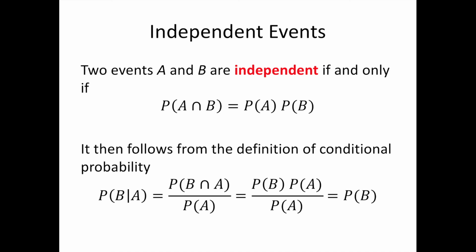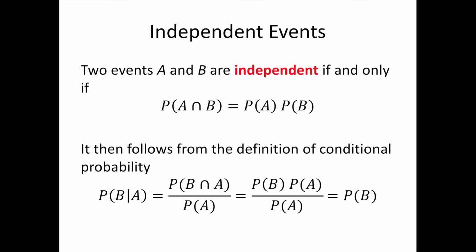A much more useful version, which is what I used in the previous slide, is at the bottom here. It follows from the definition of conditional probability that if they are independent, then that numerator, the probability of B and A, can simply be written as the product of probabilities.